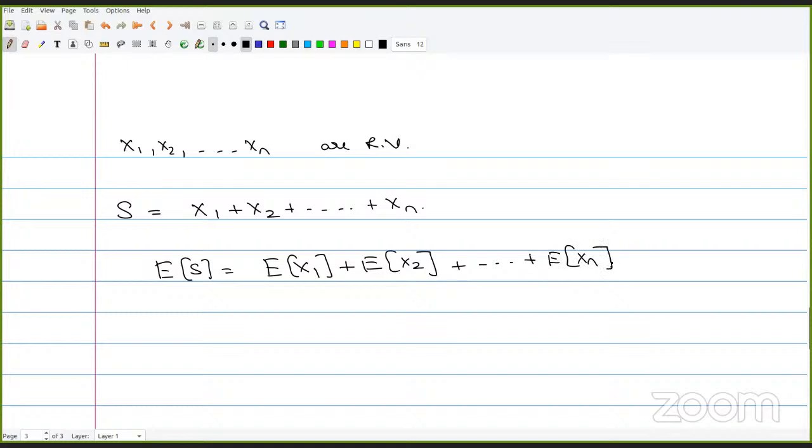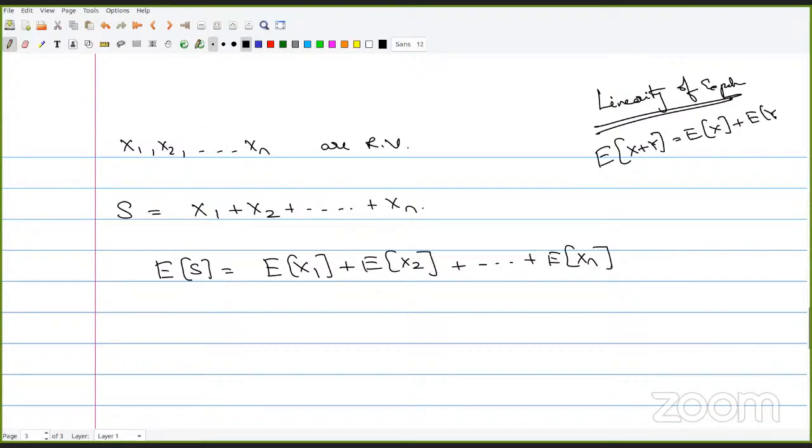So do you guys remember the linearity of expectation? Yes. What it says: expected value of X plus Y is expected value of X plus expected value of Y, and expected value of a times X comes out as a times expected value of X. And we have a few properties with variance also.